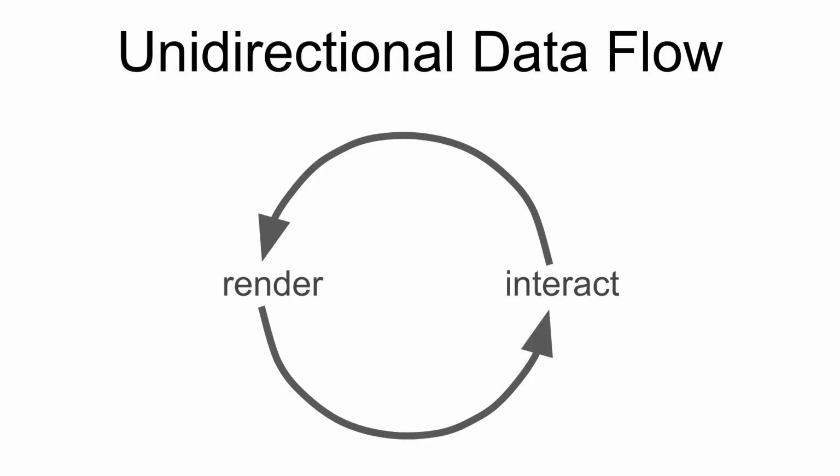And recall that this is an instance of unidirectional data flow, where you interact, which causes a re-render. That re-render causes you to see something new, and you can interact again, and the cycle continues. And when you interact, that's where the event listener triggers, and then you change the state based on what happened in the event listener, and then you re-render, and then you need to use the general update pattern because things could change.